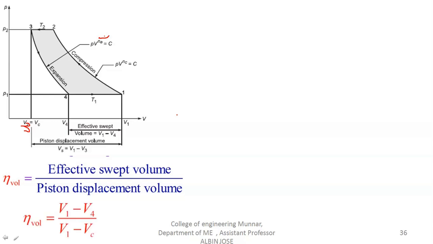The effective swept volume is V1 minus V4, and the piston displacement volume is V1 minus Vc, where V1 is the total volume of the cylinder and Vc is the clearance volume of the cylinder.